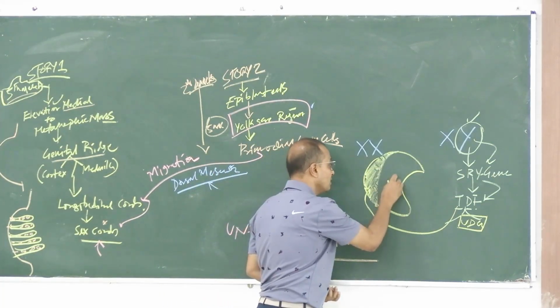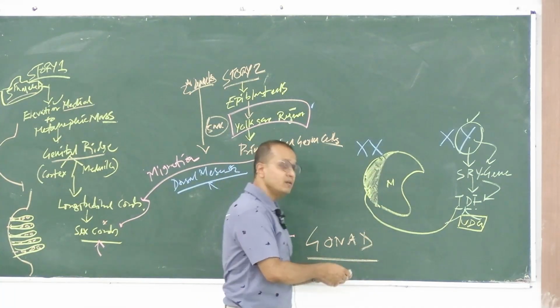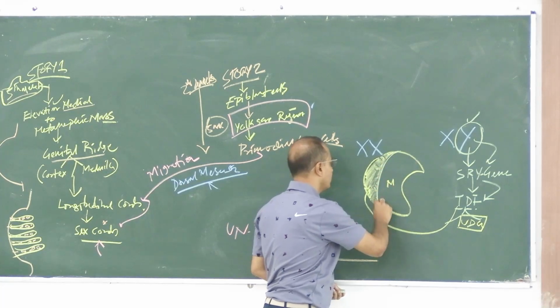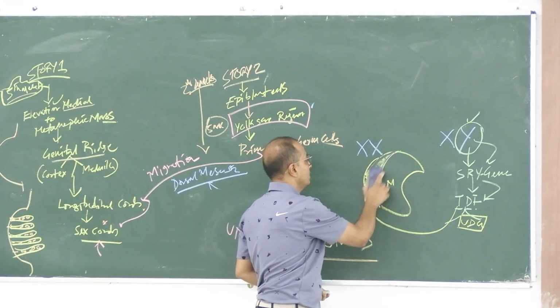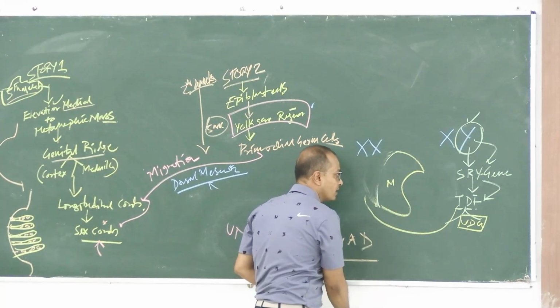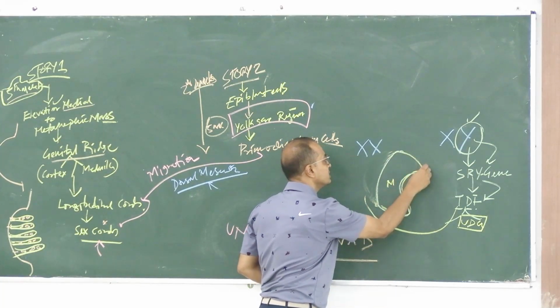So the medulla part of the genital ridge, the gonad, remains there and develops, while the cortex part is gradually absorbed and vanishes.